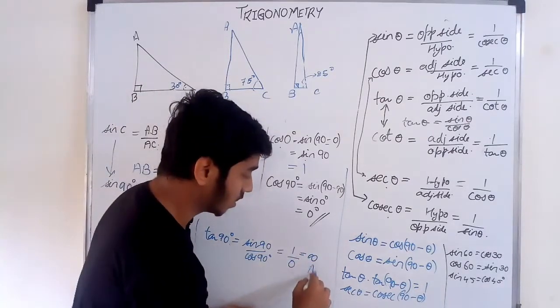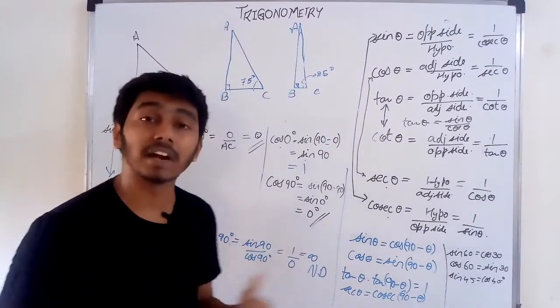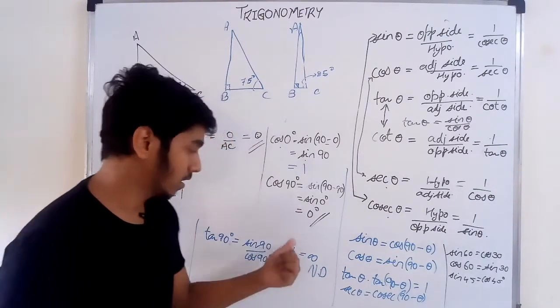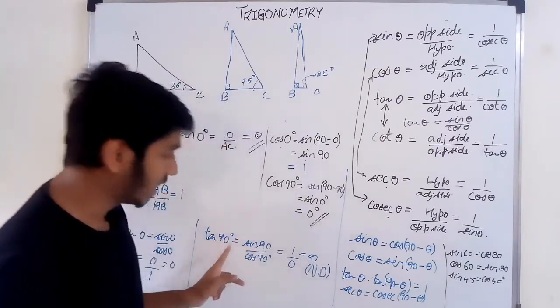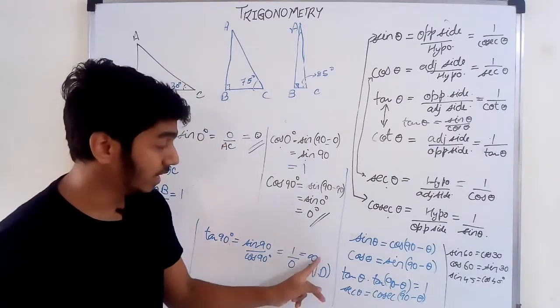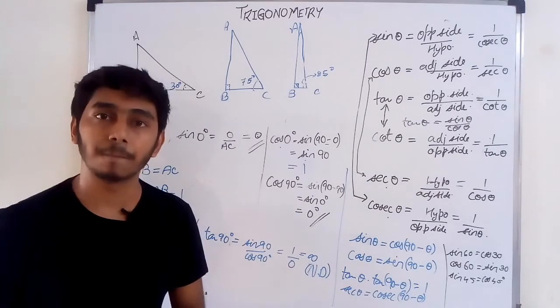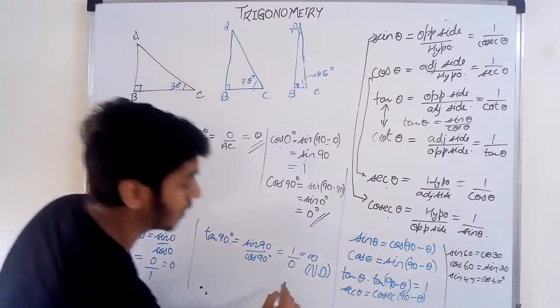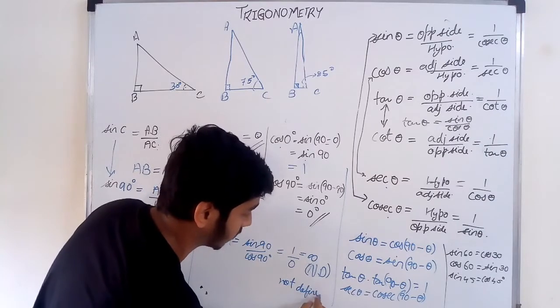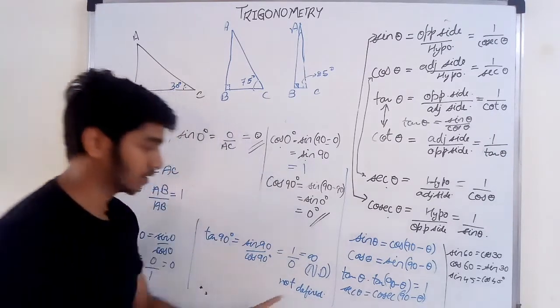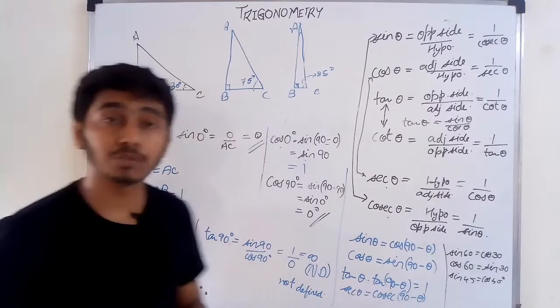Infinity means this is not defined as yet. So tan 90 is infinity, or you can say not defined. ND means not defined. I hope you have understood this.